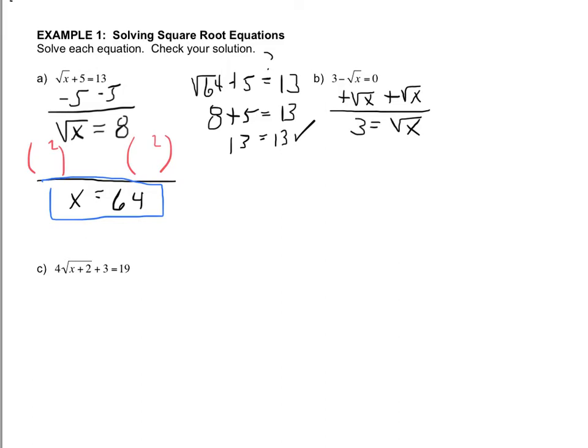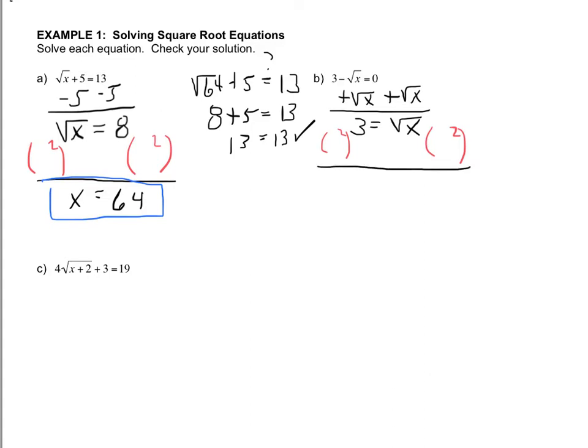You certainly could have subtracted 3 first to move the 3 to the other side to keep the variable on the left, but then you'd have to make sure you kept the negative square root of x on the left. Well, at this point, again, we need to get the x out from underneath. So we're going to square both sides.